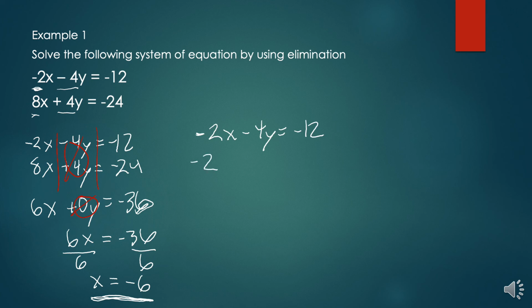You're going to substitute your value. So I got negative 6. Then go ahead and simplify. So negative 2 times negative 6 gives me positive 12 minus 4y is equal to negative 12. Go ahead and do inverse operations.